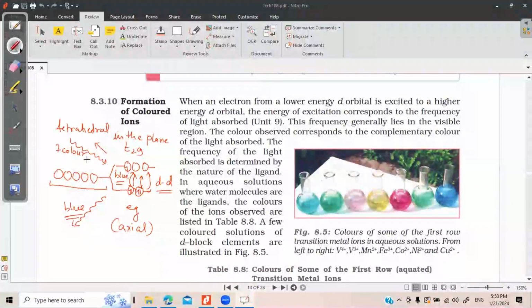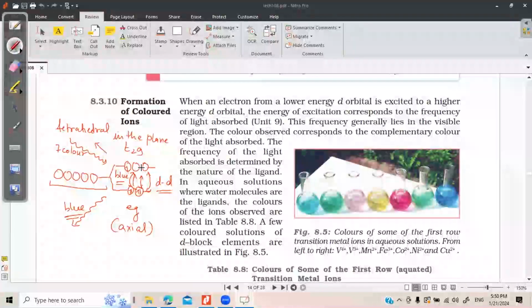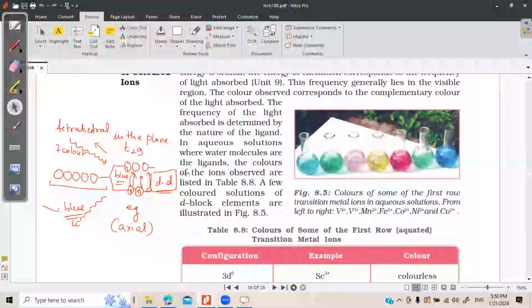The other frequencies are used up by the electrons in jumping from eg to t2g, or we simply call it d to d transition. Different complexes absorb different frequencies, and according to that, they impart color to their compounds.